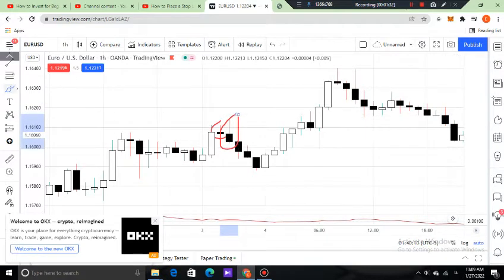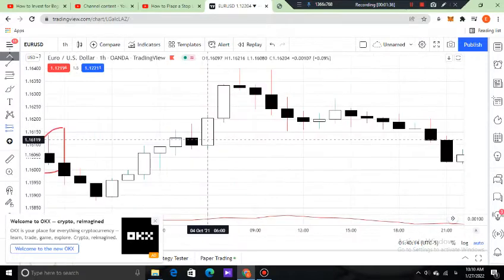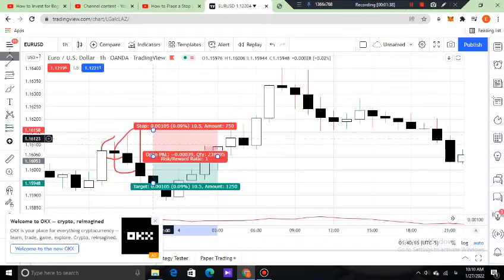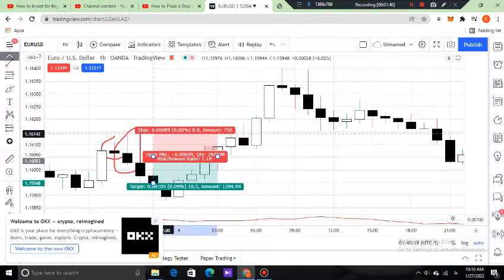If you want to enter this position, you can leave your stop loss above the tail of the signal bar.